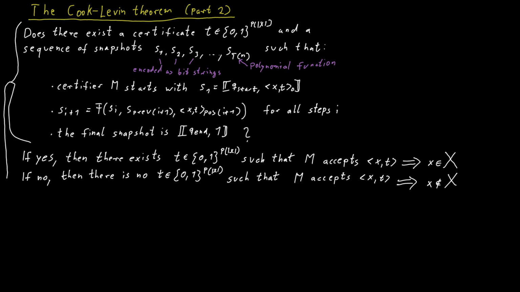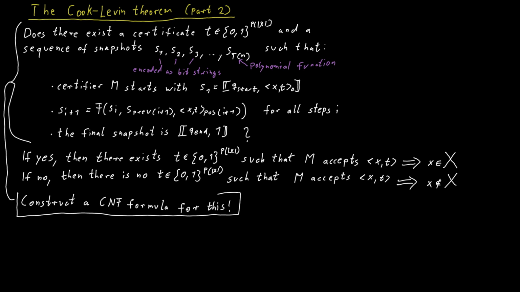We are constructing a Boolean formula that is true if and only if such a sequence of things, like the bit string t and then the bit string encoding s1, the bit string encoding s2, and so on, exist. So the only thing the formula needs to encode is all these conditions. The formula needs to ensure that the first snapshot is really the starting state and the first character of the input, x0. And then the formula needs to ensure that each snapshot follows from the previous ones.